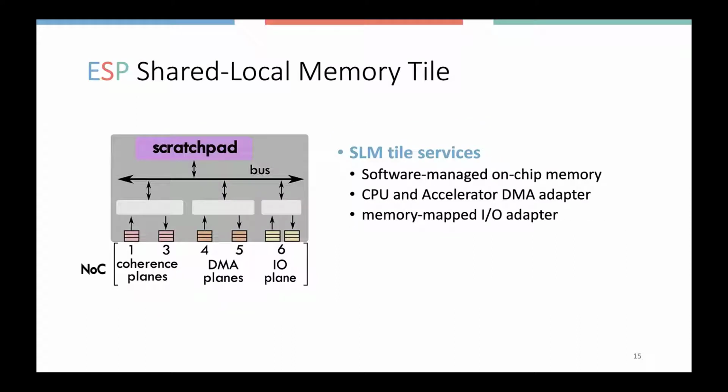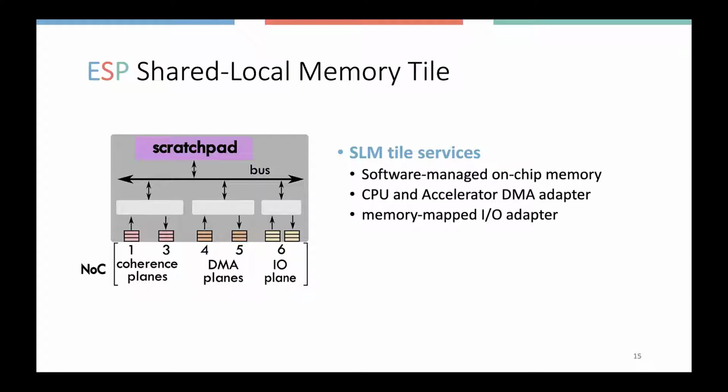Now, the latest addition is a scratchpad tile. And in this case, the scratchpad is really a scratchpad, which is software managed, and you can have both CPUs and accelerators make address requests to this scratchpad. And this tile really has the memory itself and a lot of components to translate all the types of requests that the processing engine can make into a scratchpad access.